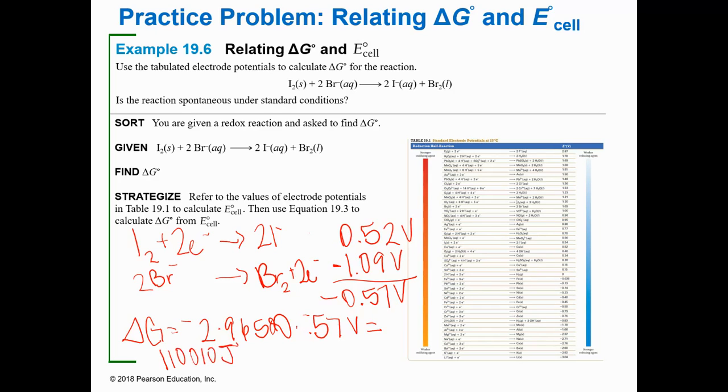And this comes out in joules, y'all, because volts is a derived unit, so it's got some joules in there. So remember, delta G is normally in kilojoules, so just pay attention to that. You can either leave it at 110,000 joules or 110 kilojoules.